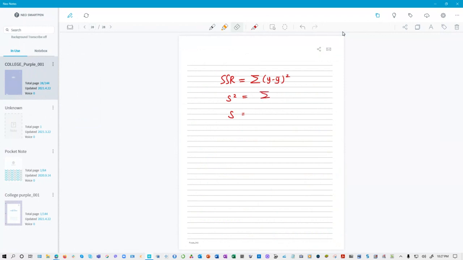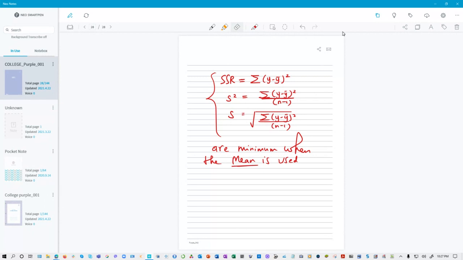S squared is the same thing, y minus y bar squared, divided by n minus 1. You know how we got these three. All these three are minimum when the mean is used, because y bar is used for the model.